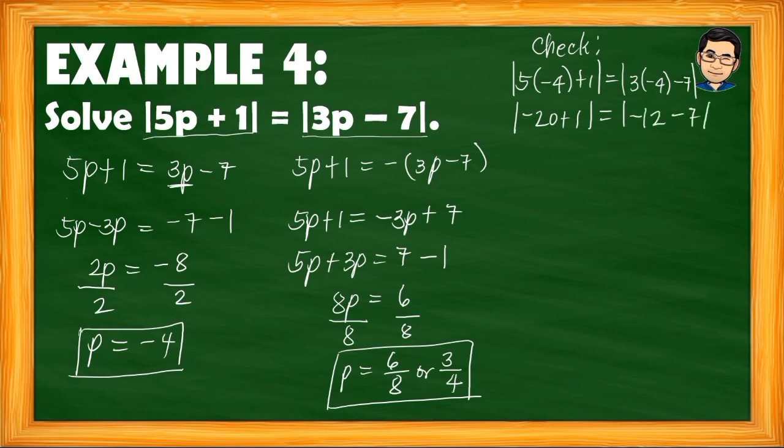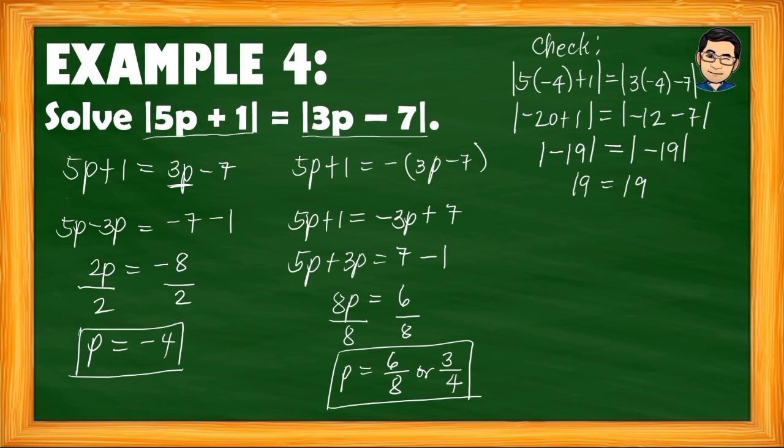So, the absolute value of negative 20 plus 1 is the absolute value of negative 19 equals the absolute value of negative 12 minus 7 is negative 19. So, kunin natin yung absolute value ng both sides. So, that is 19 is equal to 19.